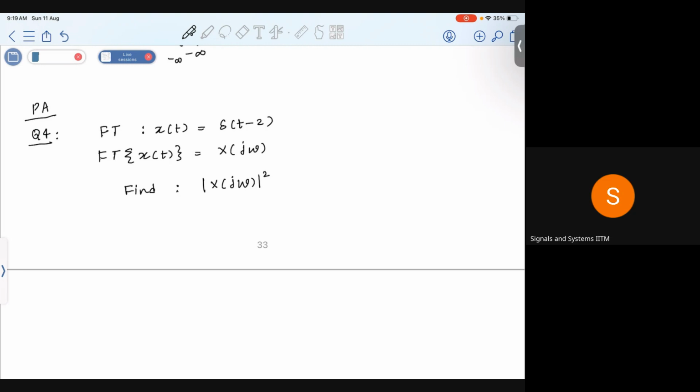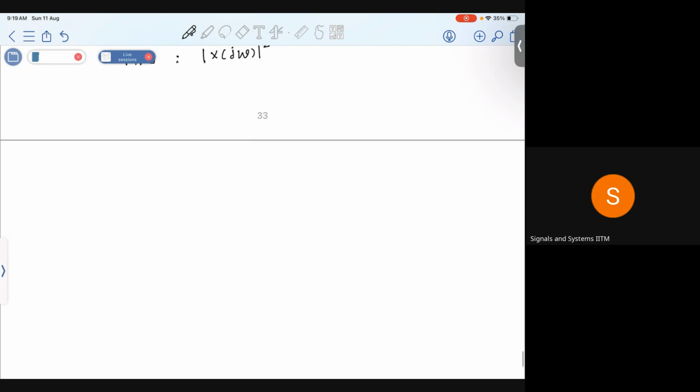Okay, still difficult. So we know that Fourier transform of unit impulse is 1, right? Yes, ma'am.